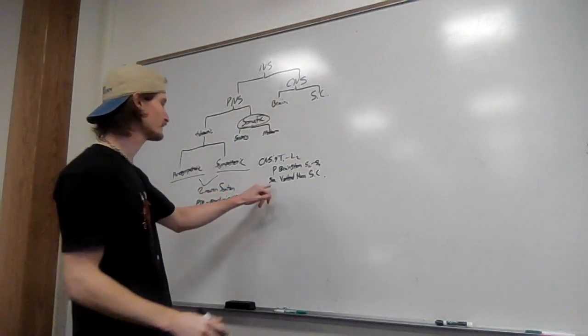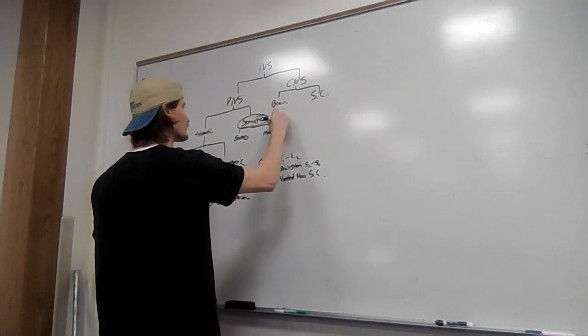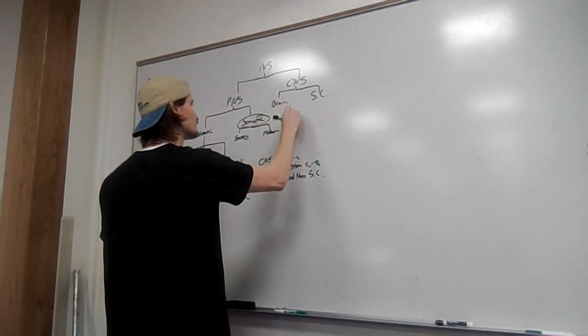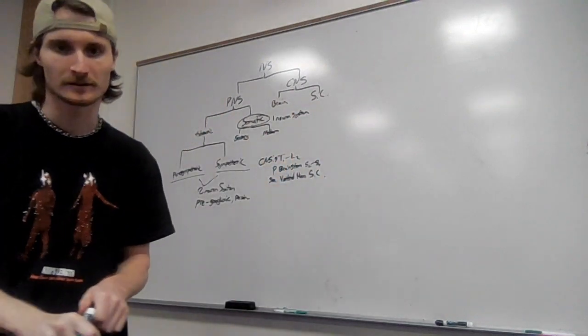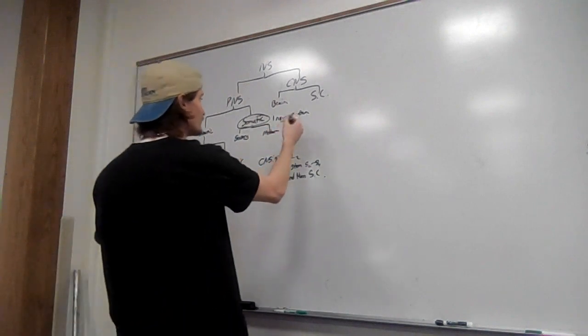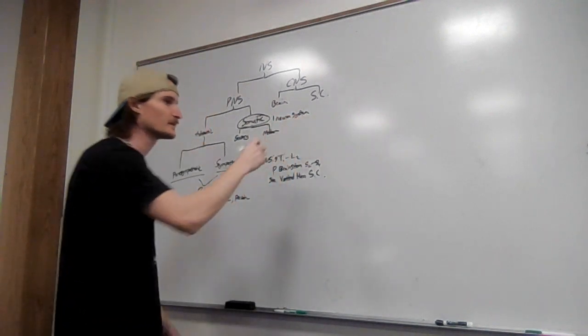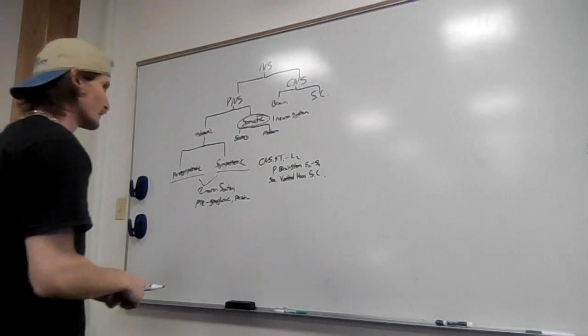But our somatic system really is just a one-neuron system. The location of ganglia: our somatic doesn't have any because it's a one-neuron system.